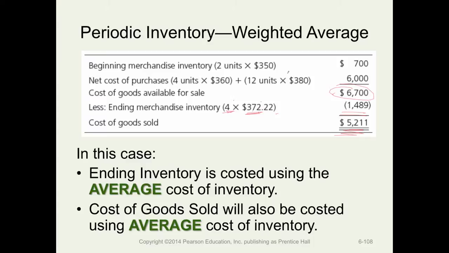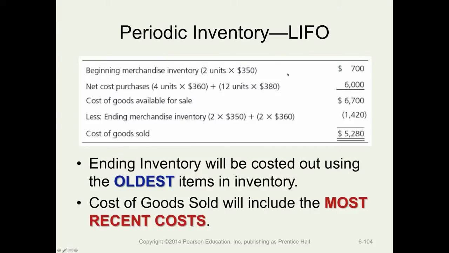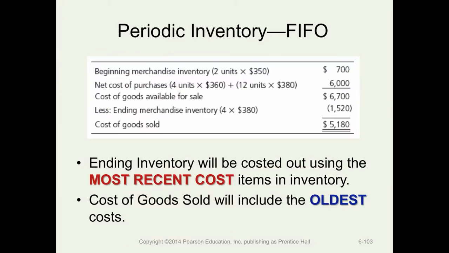And the reason why the results are the same under the FIFO basis is because there is a natural cost flow. So if we wanted to, let's just go back and compare this. Let's start back at FIFO. If we go back and look at our earlier learning objective, in an earlier module, Module 2 or Learning Objective 2, and take a look at perpetual FIFO, the ending inventory under perpetual FIFO is going to be exactly the same.